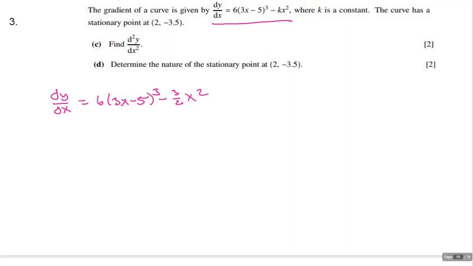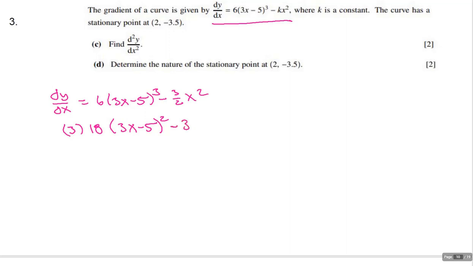Okay, so hopefully you did that. If we do the second derivative here, what's going to happen is that we are going to keep this. We're going to multiply 3 times 6, and we're going to get 18. 3x minus 5, this is going to be to the second power. But then we're going to multiply by 3. And then this is going to be 2 times negative 3 halves, so that's going to be negative 3.